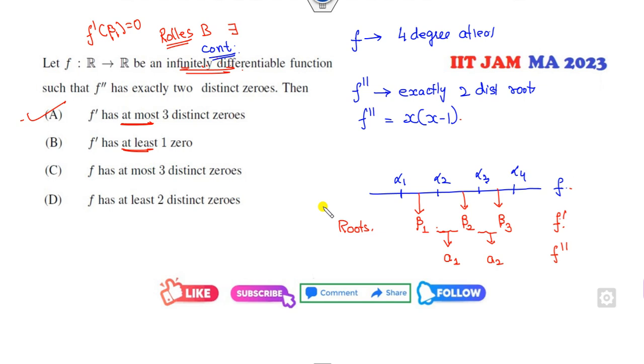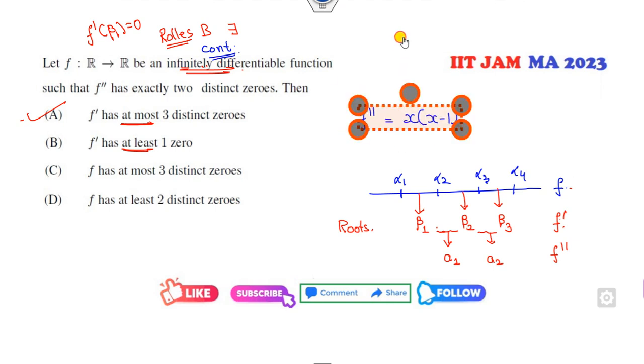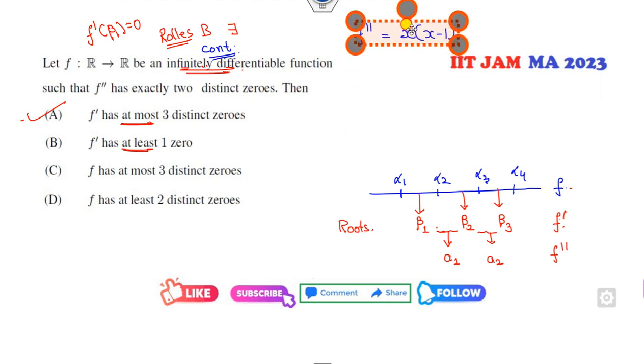Now, what can you say about that? Look at this example. F dash of this, let me write it here. Now, how can you say that f dash has at least 1 root?